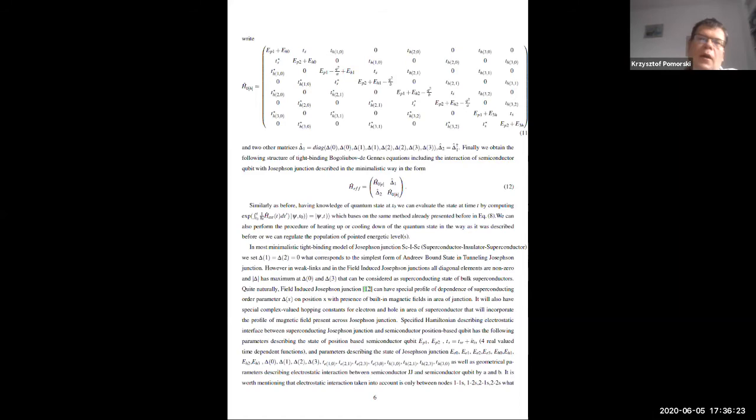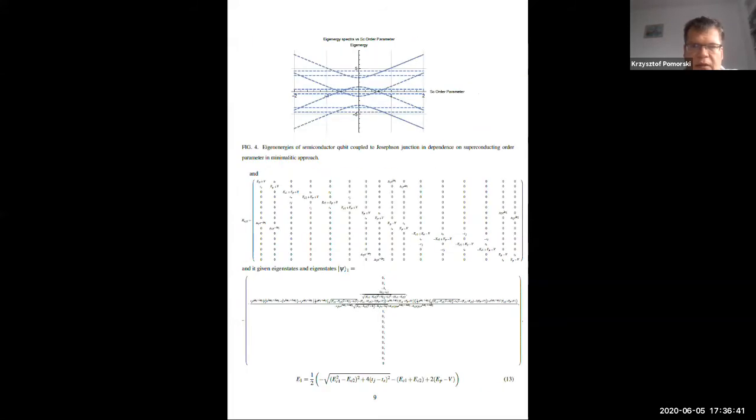All right, so what do we expect? We expect that there will be some perturbation of the dynamics of the electron and hole, and that the Andreev bound state will be modified. Okay, so that's the algebraic way.